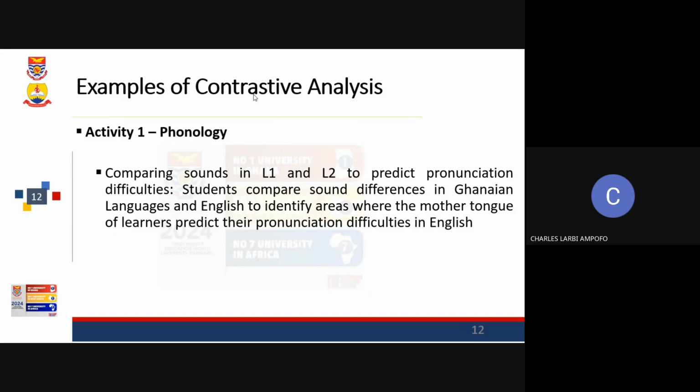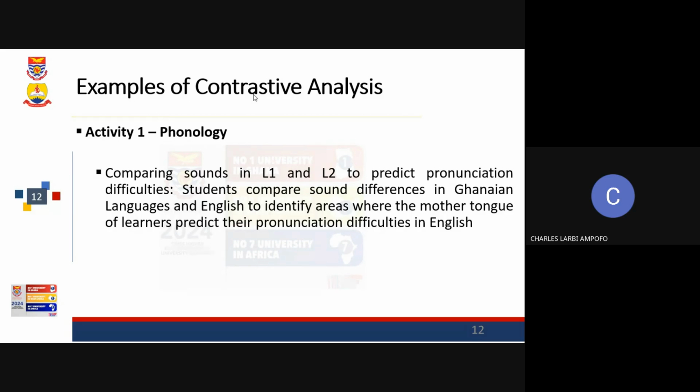pronunciation difficulties in English. Let me use Nigerians as an example, for those of you who are familiar with them. There are certain people from Nigeria who pronounce certain words differently; when they are saying certain words, you hear a different sound instead of the expected one.